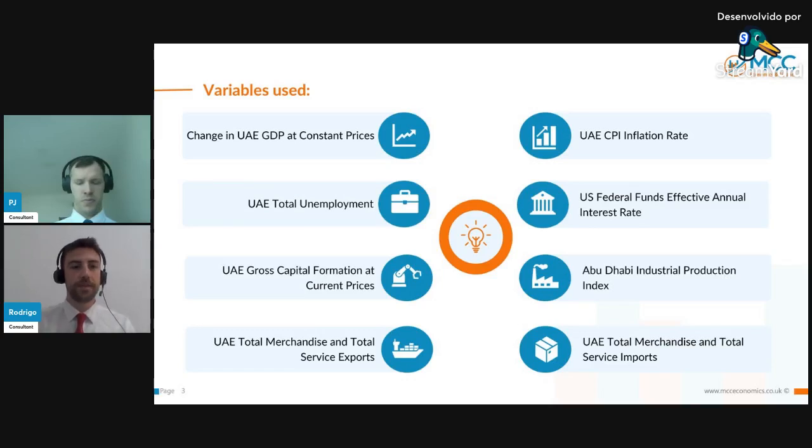So of course, the main variable in our model is the change in GDP at constant prices. We wanted to eliminate the effect of price changes on the variable of interest, especially because we are using inflation as one of the variables to estimate our change in GDP. If we had GDP in current prices, which means that it is not compensated for these changes in prices, the relationship between inflation and our current GDP would likely be a little bit more biased, because naturally, higher inflation means a higher current GDP.